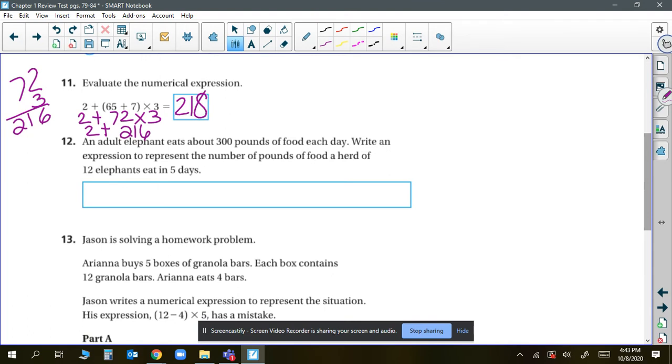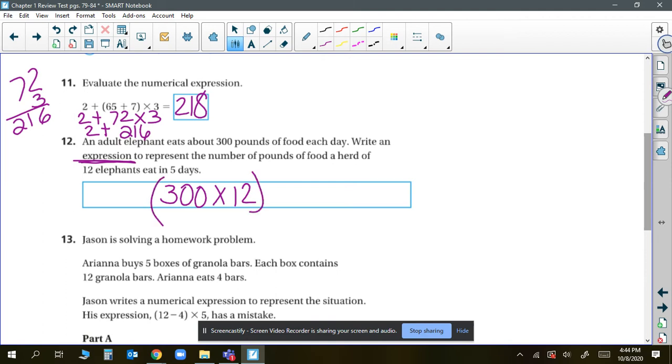Number 12, an adult elephant eats about 300 pounds of food each day. Write an expression to represent the number of pounds of food a herd of 12 elephants eats in 5 days. Now be careful here, they just want an expression, so you don't have to find the answer, they want the numerical expression. So what we could do here is 300 times 12, because there's 12 elephants, right?